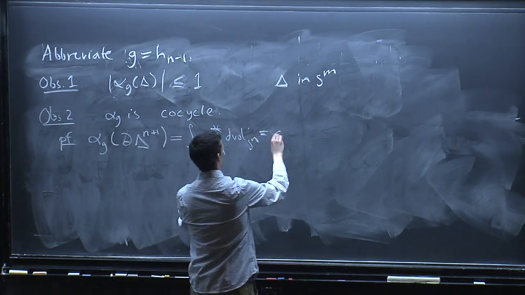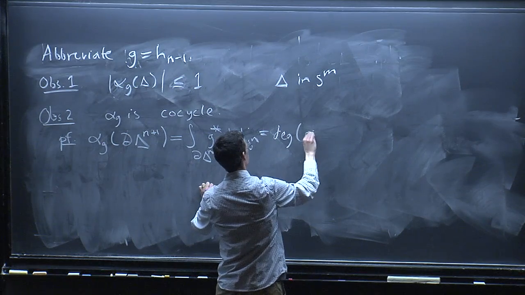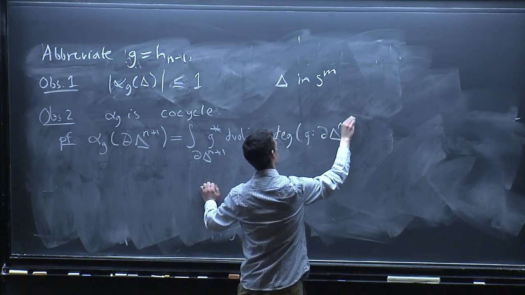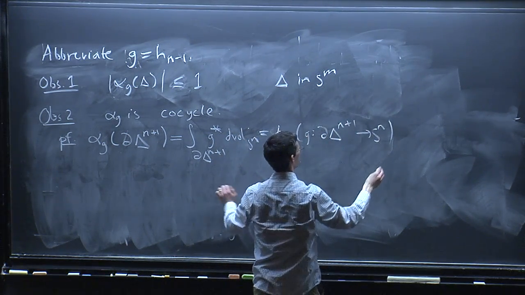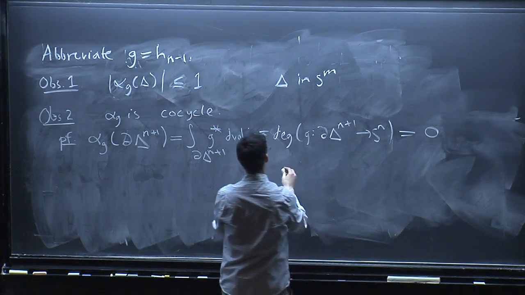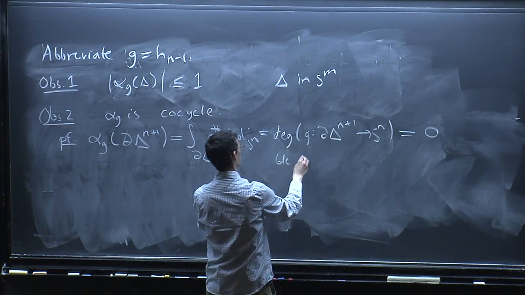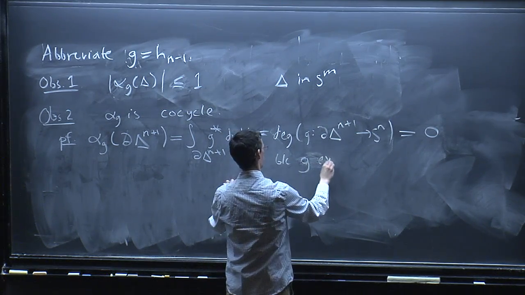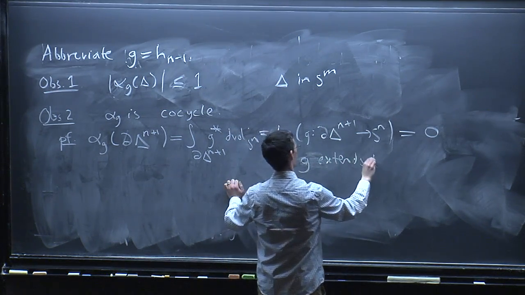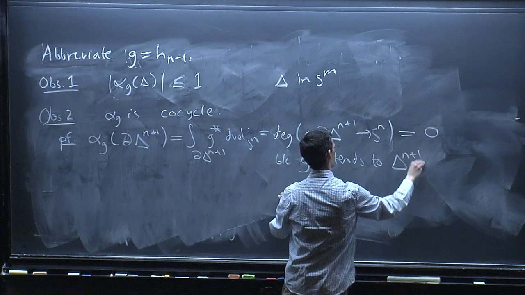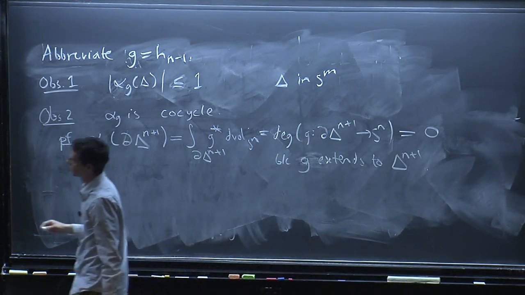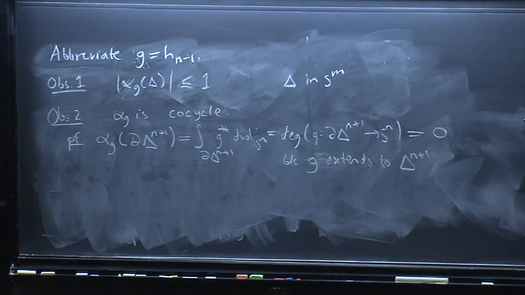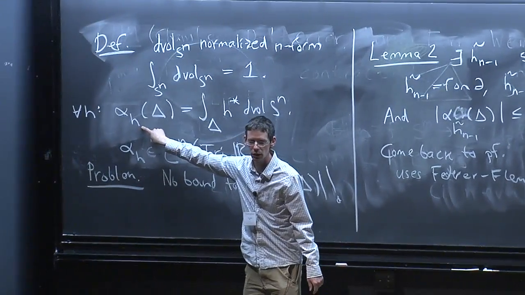In other words, that's the degree of the map G from the boundary of the simplex to Sn. And that's 0 because the degree is 0 because G extends to the whole simplex. OK. So this object, alpha sub g, it's a cocycle.